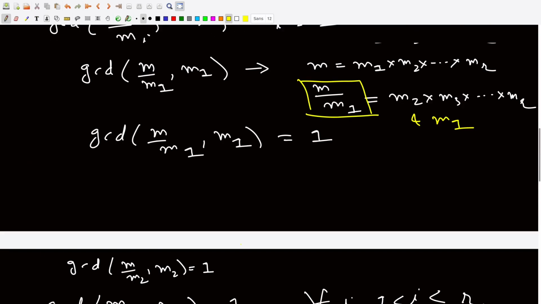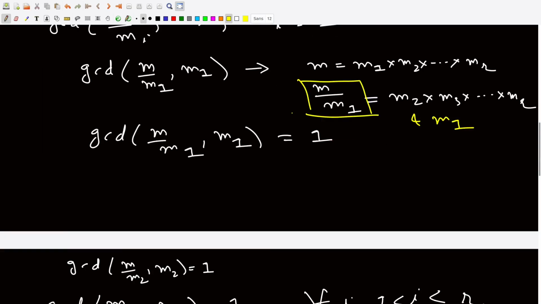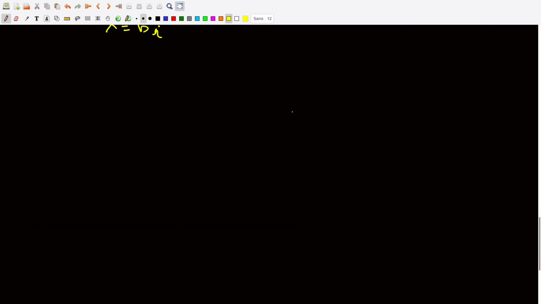Now let us expand this and see what we get. Basically, according to the Chinese Remainder Theorem, the solution will be given by x equals the sum for i equals 1 to r of (m over mi) into ai into bi, right? So let us expand this.